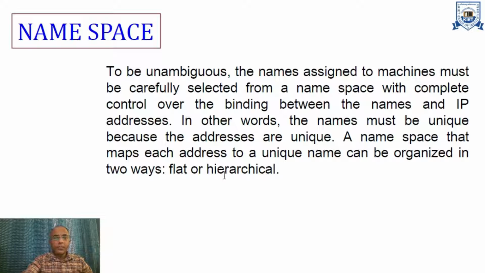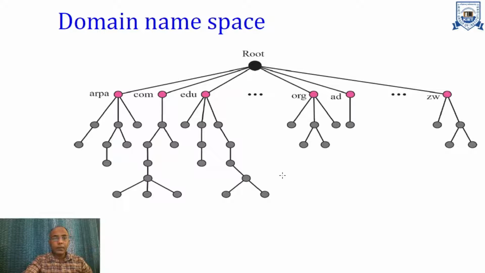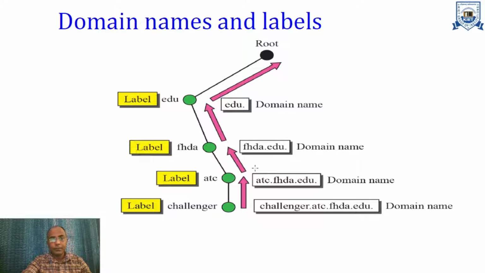Mostly we use the hierarchical domain namespace. What is it? It is an inverted tree, the same tree that we used in the data structure part, where the root is at the top and the leaves are at the bottom. This helps us in a very nice way to create a registry to search the domain name in a speedy way. Now, how is this divided?